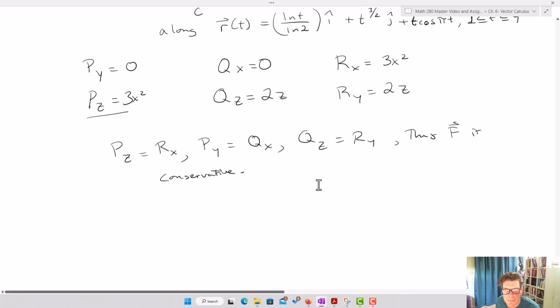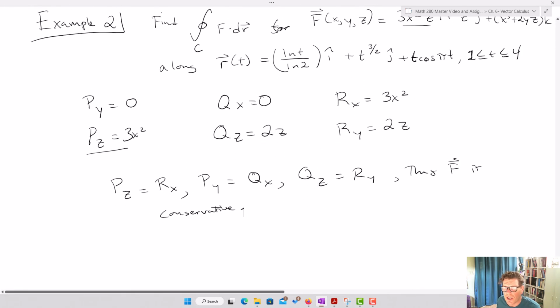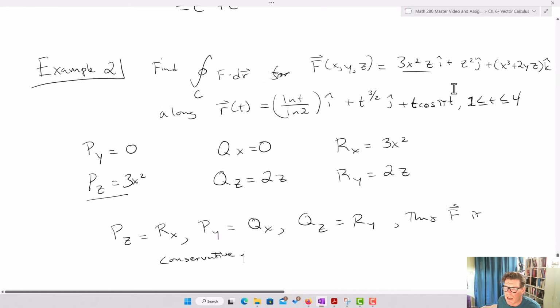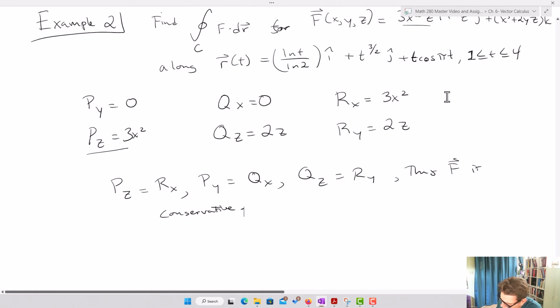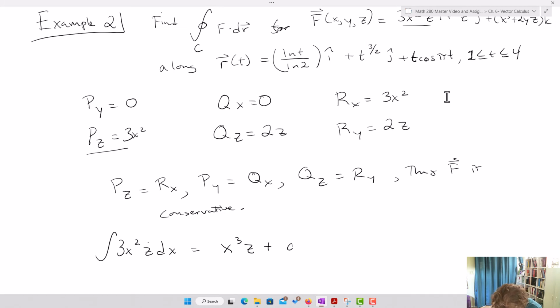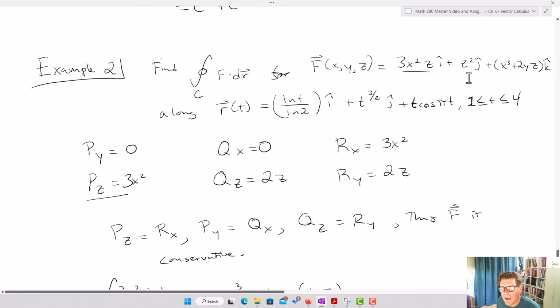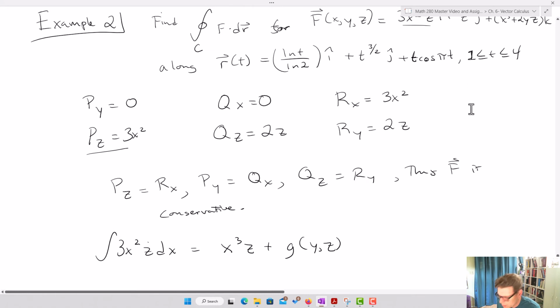Instead, I just need to find a potential function. So I'm going to start out with 3x squared z i. That means I'm going to find the integral of 3x squared z dx, and that's going to then be x cubed z plus some function g of y, z. Then I'm going to take its derivative with respect to y.